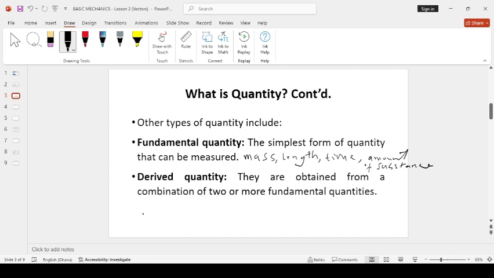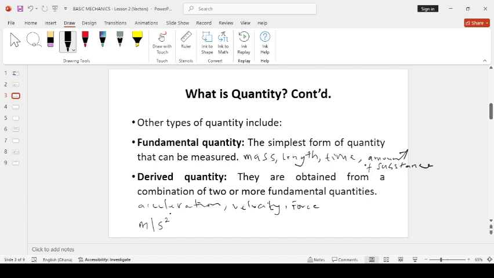Examples of derived quantities are acceleration, velocity, and force. If you look at acceleration, you realize it is meter per second squared.